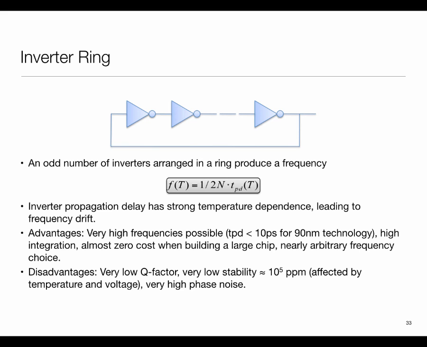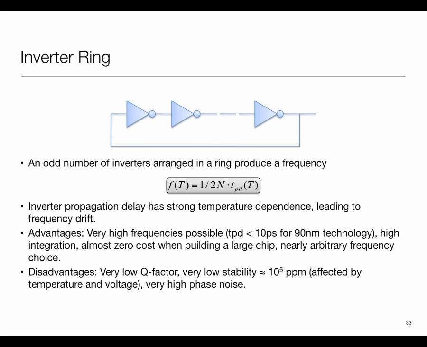The problem with this kind of stuff is that the delay of gates has a strong dependence upon temperature. Also, when these inverters are fabricated, not only are they not identical to each other, different copies of these on different chips are not going to be exactly the same. So it's very hard to design these things to give you an accurate frequency and a frequency which is going to be stable.